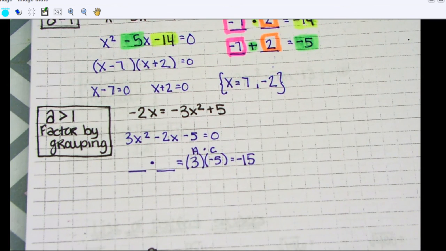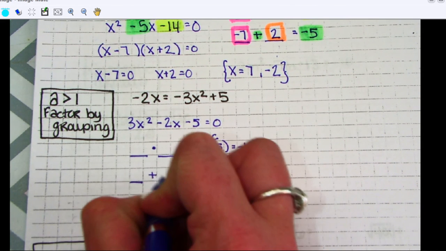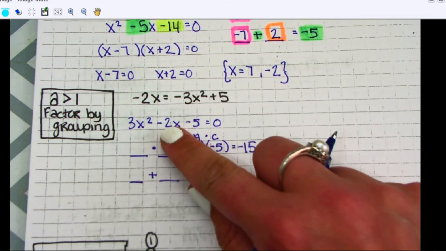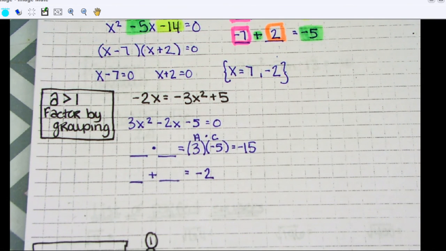You want to multiply them together. Now when A equals 1, that doesn't really make a difference, because 1 times whatever is just itself. Then we've got to add those same numbers, and they are still going to equal that -2.